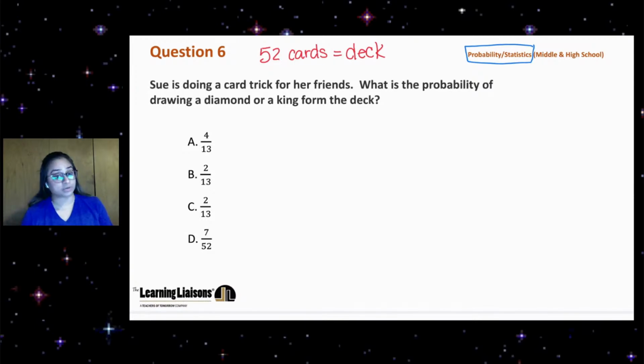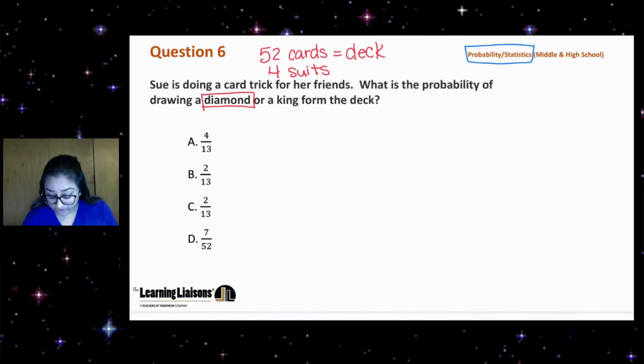What else do we know? We know that there are 4 suits in the card deck. There are the hearts, the diamonds, the clubs, and the spades. All right, so I'm going to put 4 suits. Well, from the suits, we want a diamond. So let's start there. How many diamond cards are there in the deck? I don't know. We got to figure it out.